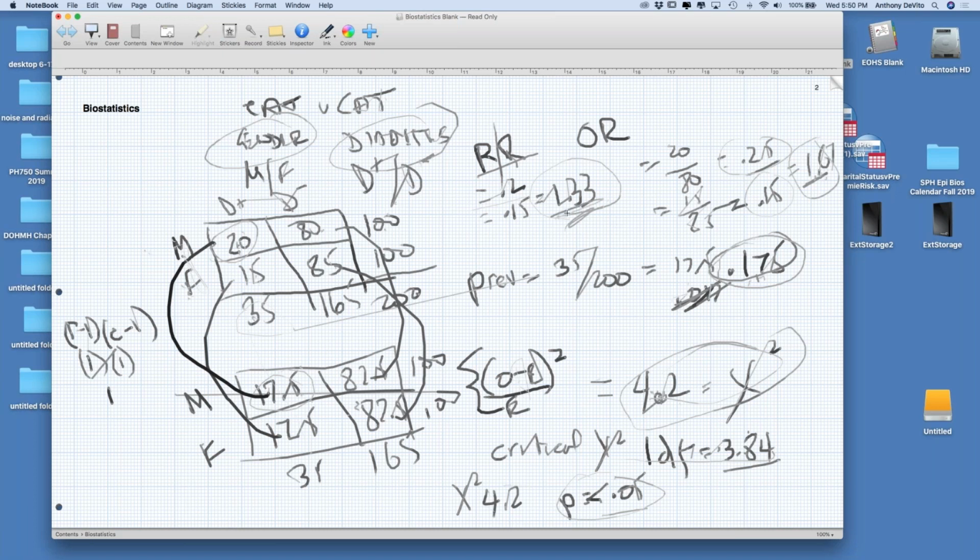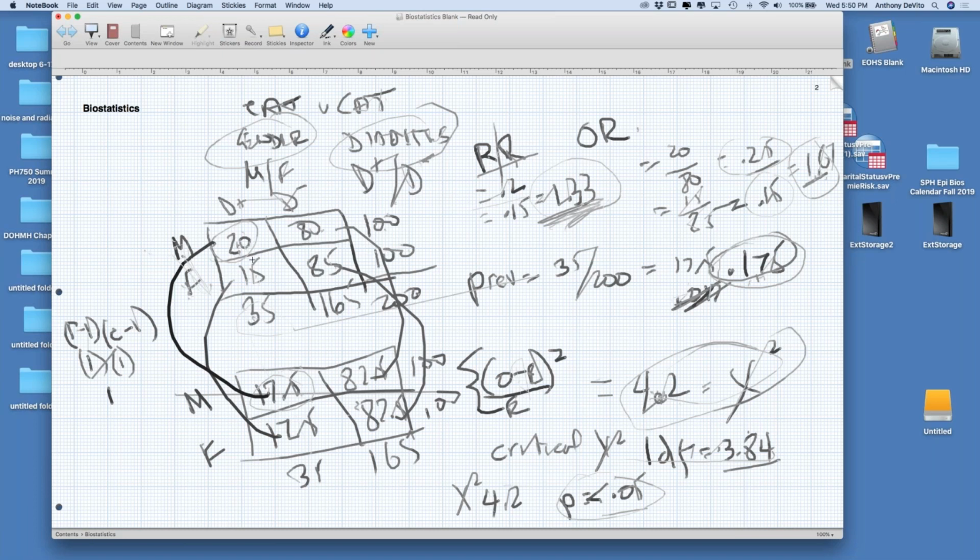But the only problem here is that this gives us an idea of what the comparison of the proportions is for males and females, but it doesn't tell us if it's statistically significant. So what we have to understand is that in order for us to say that males and females get it at a different rate, or the odds are different, we have to look at, well, what would it be if males and females weren't different? What would it look like?